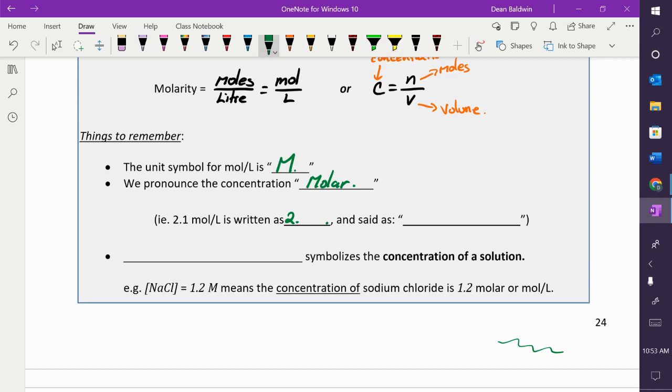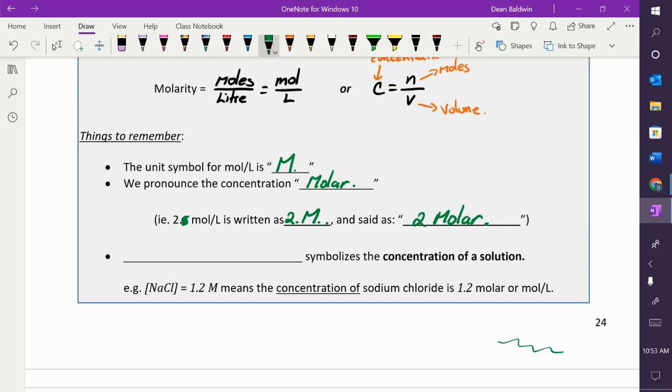So just scratch out this 0.1. 2 moles per liter would be written as 2 capital M, 2 molar, and you would say 2 molar. That's what somebody would say. Say, what is the concentration of that? You'd say it's 2 molar, which means 2 moles per liter.